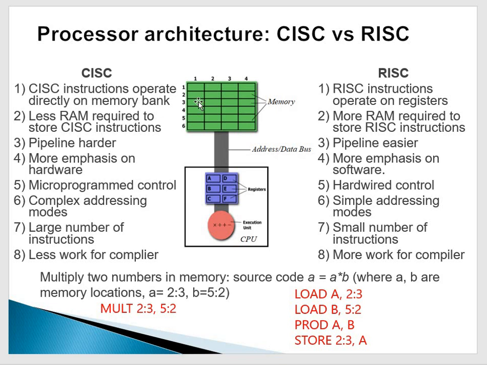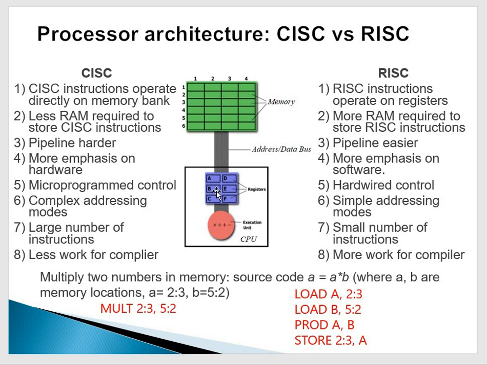Even if we have to manipulate the data of the external memory, that data must be loaded from the external memory to the internal register before performing its arithmetic or logical operations.